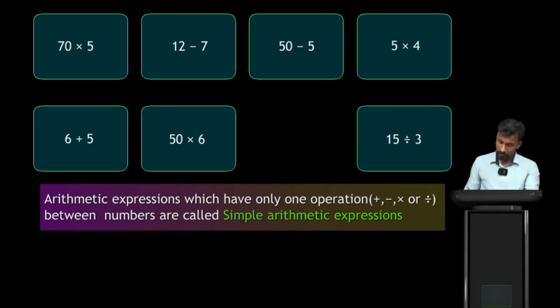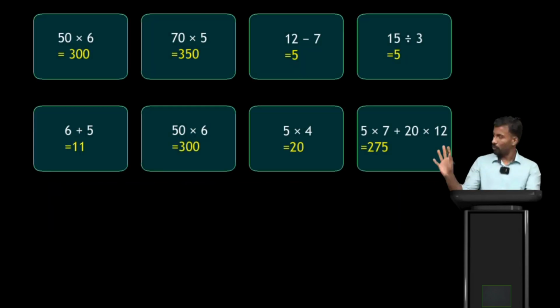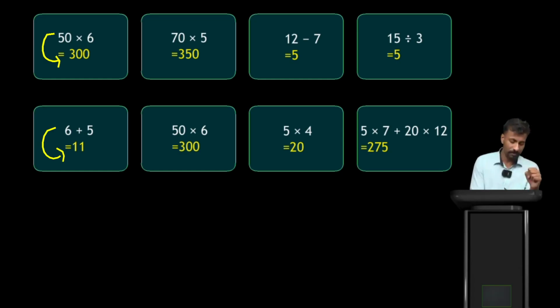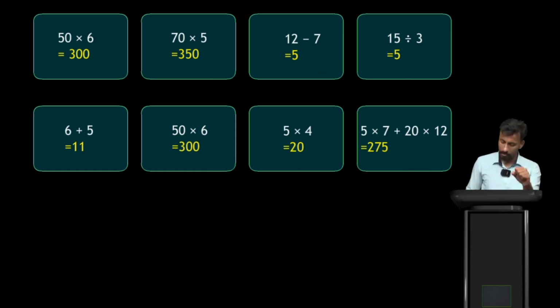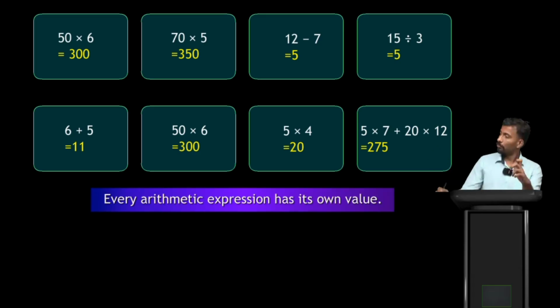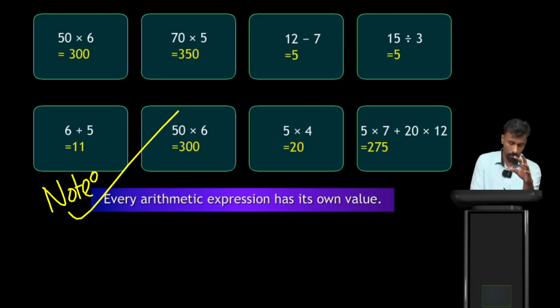Fine. Now look, this is the resultant value. 50 multiplied by 6 equals 300, 6 plus 5 equals 11, 70 multiplied by 5 is 350, and like that. So there are some answers of these expressions. Here is a note. The note says that every arithmetic expression has its own value.